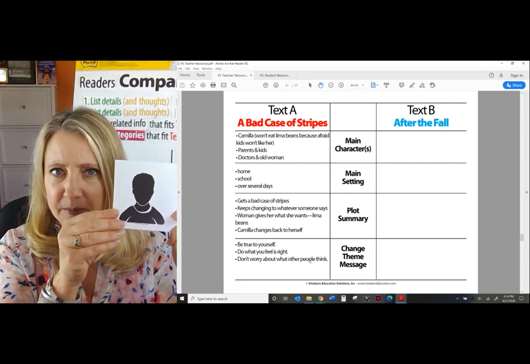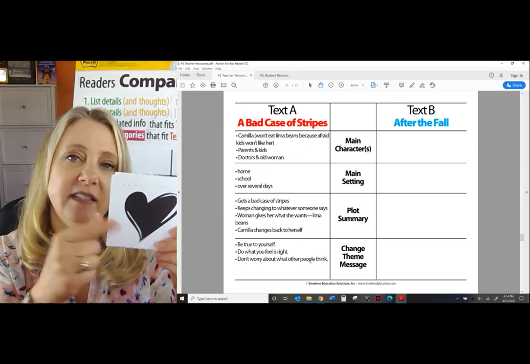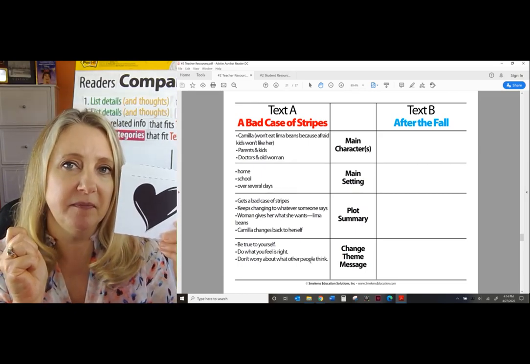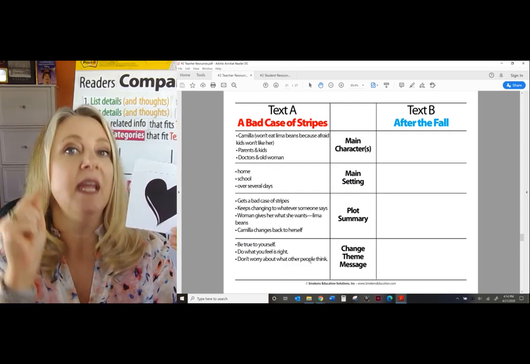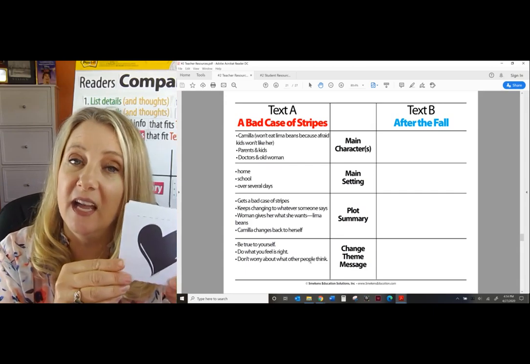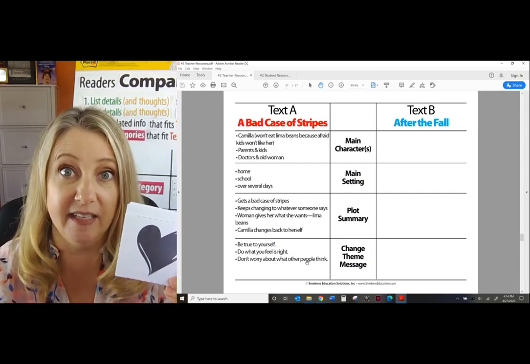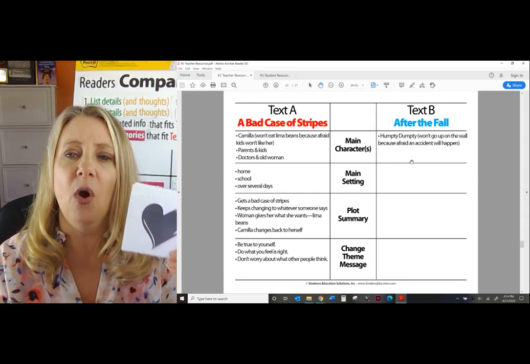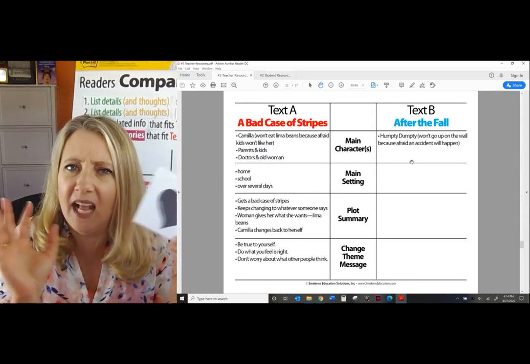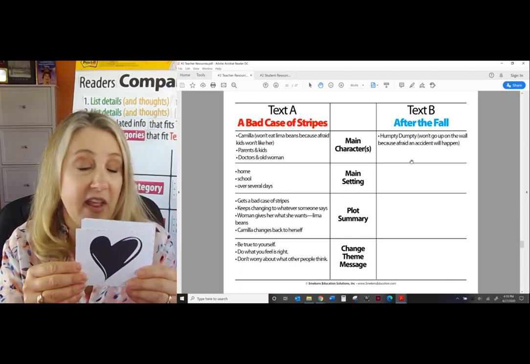Who's the main character? Humpty Dumpty. Now, what did this character want? He wanted to go up on the wall, but he was afraid, right? Because accidents happen. Now, was there anybody else in this passage? No, there were no other characters, and that's fine.